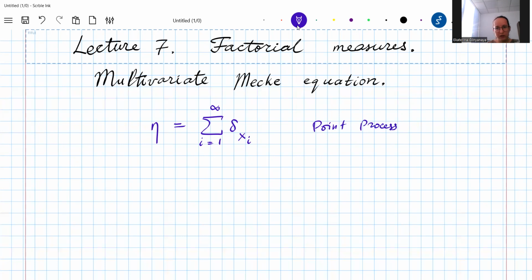Here we can consider these x as random variables in some space. And we defined a factorial measure of this random measure eta as follows.